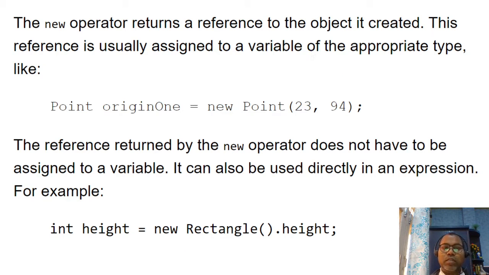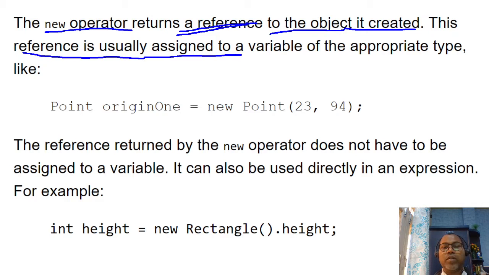So this is the syntax. The new operator returns a reference to the object it created. This reference is usually assigned to a variable of the appropriate type. So whenever you use the new keyword and give your class name, with the input arguments of the respective constructor, it is assigned to a reference variable.